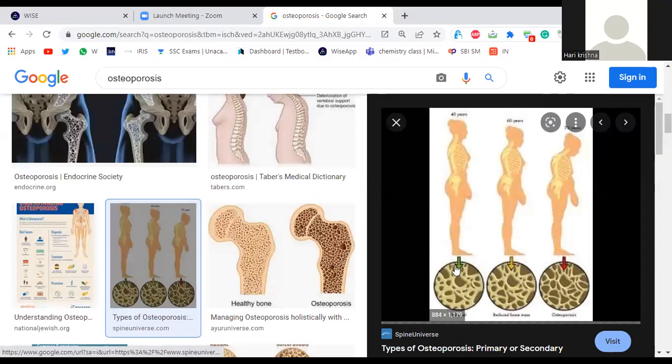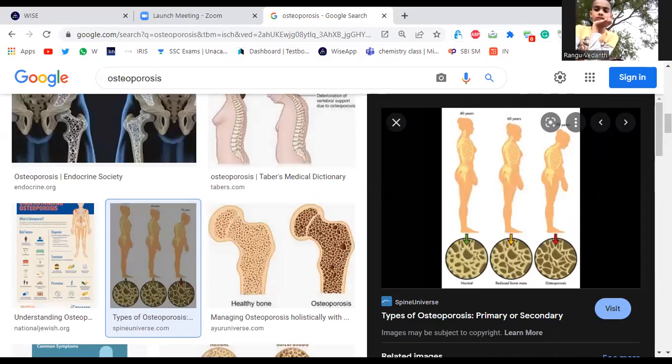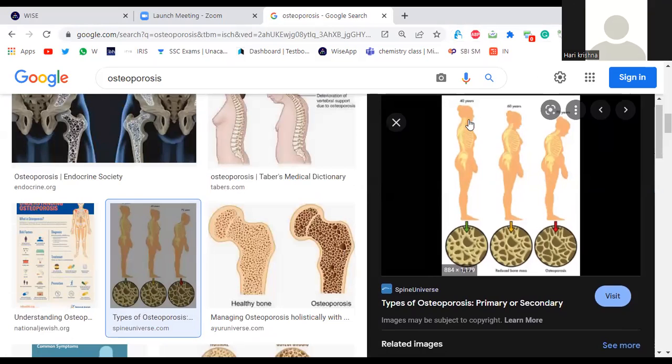It affects the backbone especially. You can see some people here. So the backbone structure will be different in this osteoporosis disease. It is similar, a deformation in the bone itself. Both are the same only.